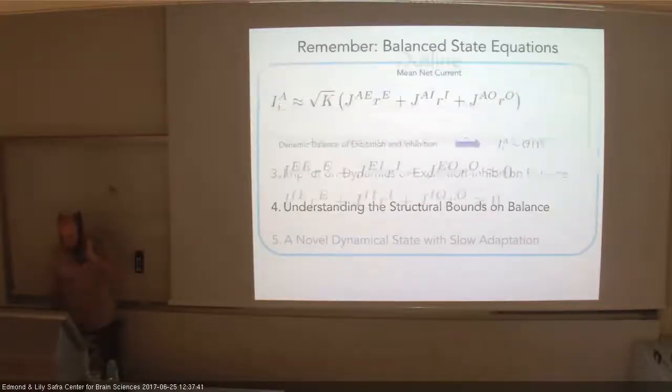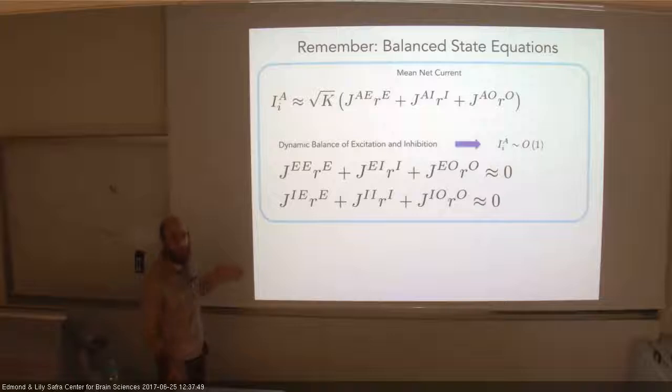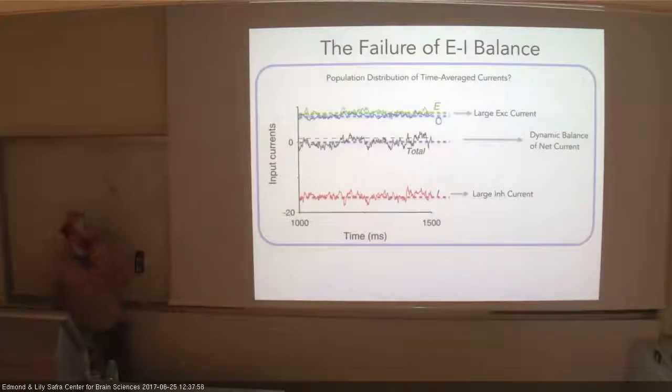Okay, so to try to understand from the theoretical side, let's go back to those same balanced equations. So we had the net input onto a typical neuron, and from that we derived those two equations, which the simulations didn't match. Now, we also saw this picture before of the net excitatory current and net inhibitory current, and talked about the dynamic balance that's represented by the equations we just had up here.